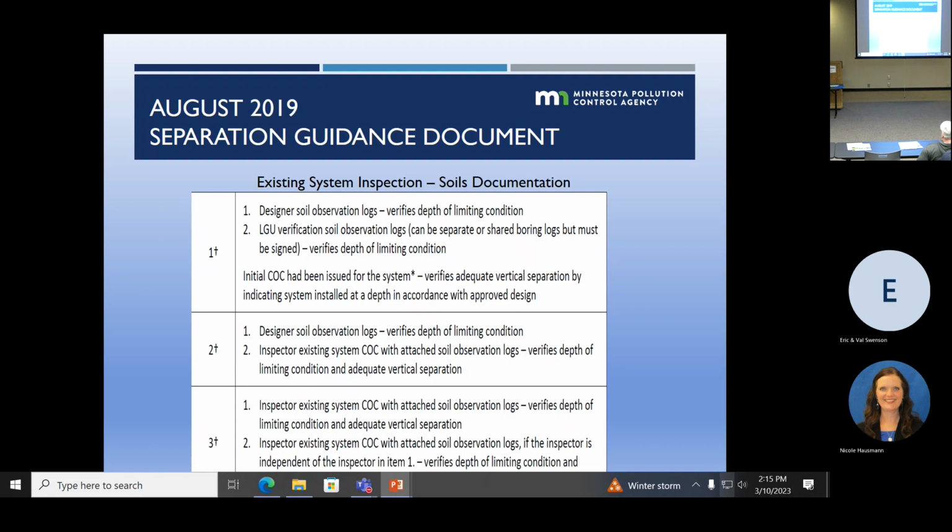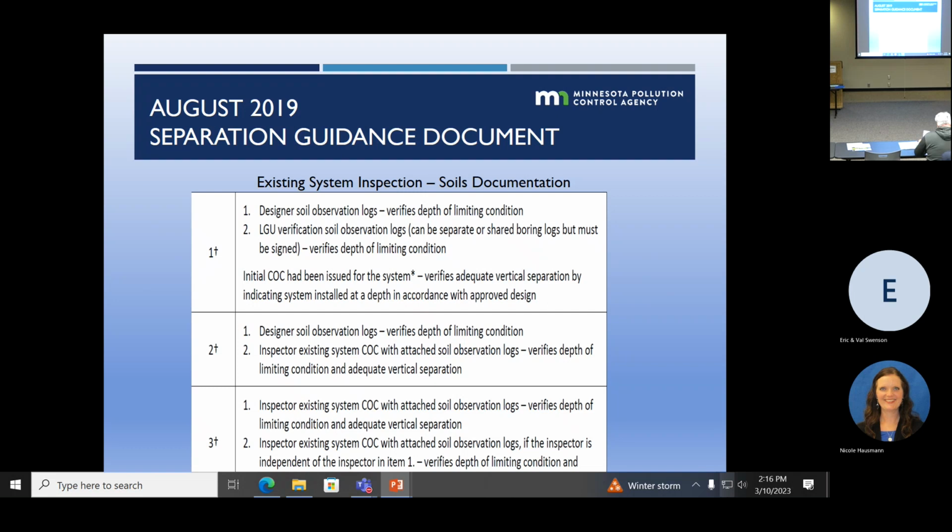Now, not probably well understood. You have in your packets a stapled soil guidance document that was issued by the MPCA in 2019 that goes through what soil verification is all about and what's required. Why did that guidance document happen?